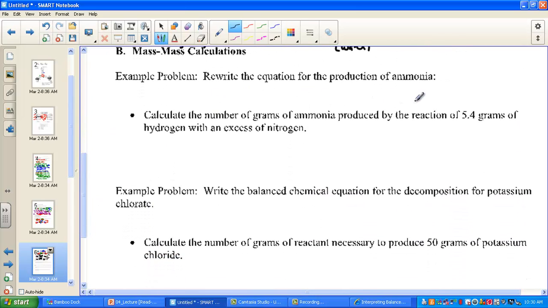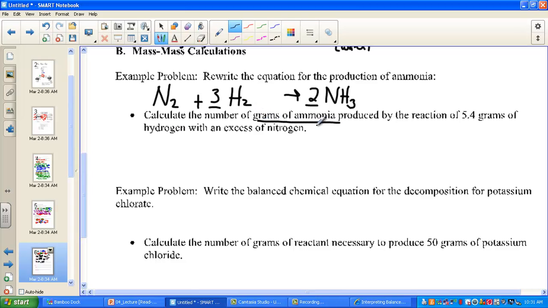Let's rewrite the equation for the production of ammonia. Molecular nitrogen with molecular hydrogen, forming a group of molecule here, NH3. And we've written this several times in our lesson with a 1:3:2 stoichiometric ratio. Let's calculate the number of grams of ammonia that are produced by the reaction of 5.4 grams of hydrogen with an excess of nitrogen.